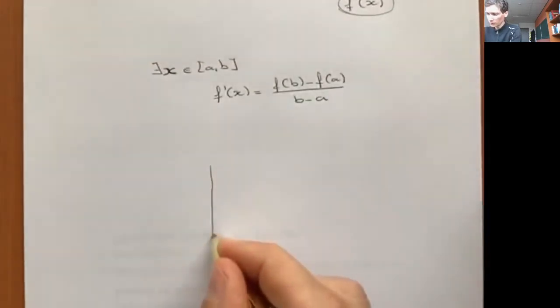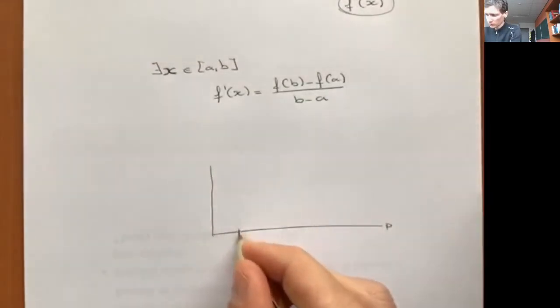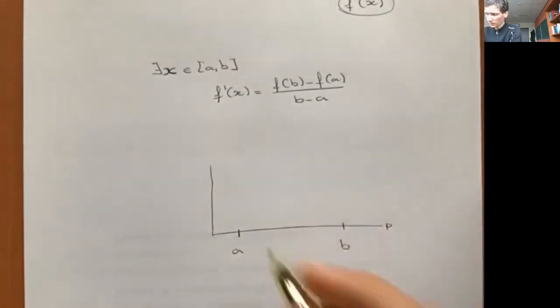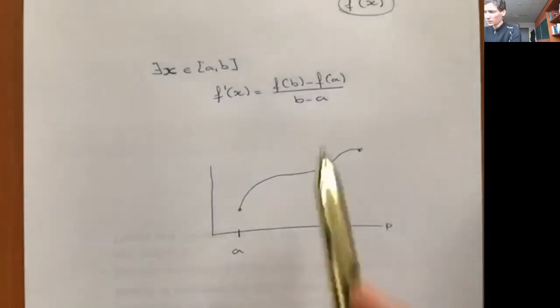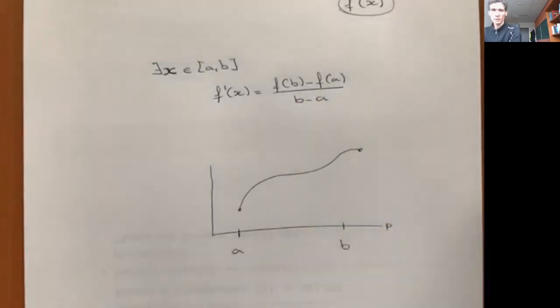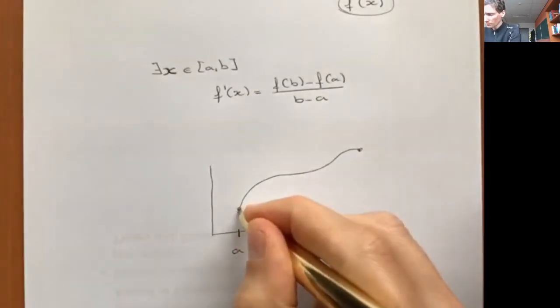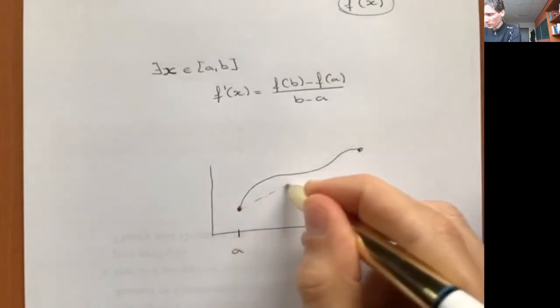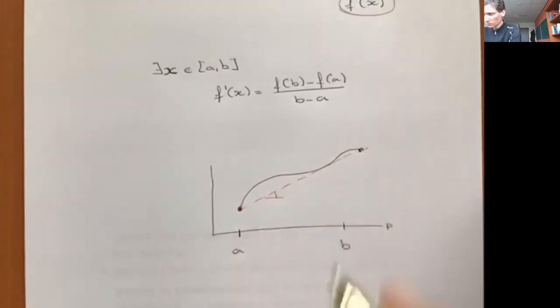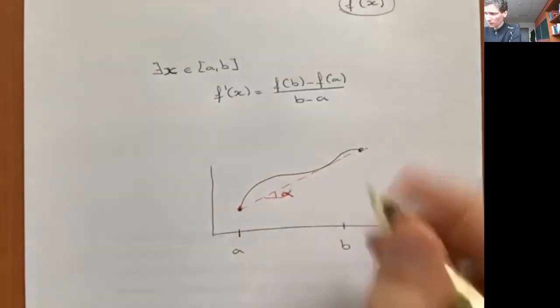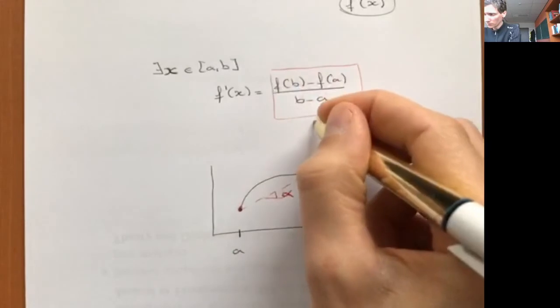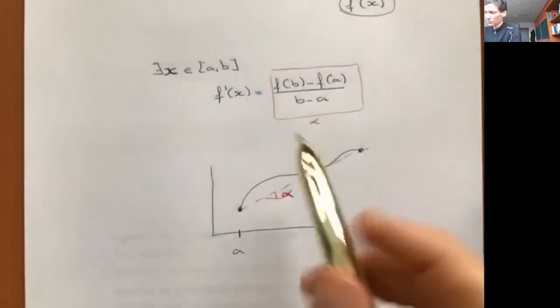Okay, so if I draw the picture, we have an interval a, we have an interval b. So (f(b) minus f(a)) divided by (b minus a): if you draw the line from this point to this point, then the slope of this line, let's call it alpha, will be exactly equal to this number. So what does the mean value theorem tell you?